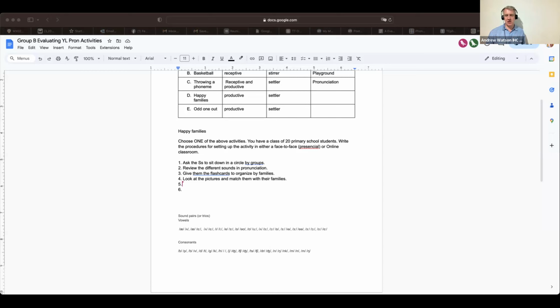Yeah, so if a student has a picture of some cheese, right, then they have to hand over the card because that's the ch sound, right? It's just sometimes the students don't realize that they have to hand over the card if the other student says, have you got, and they get it right. Yeah.